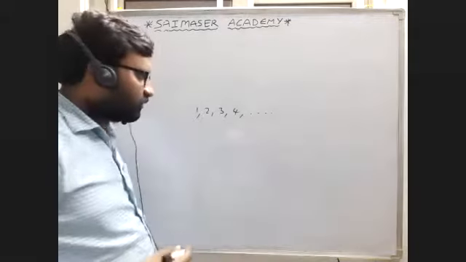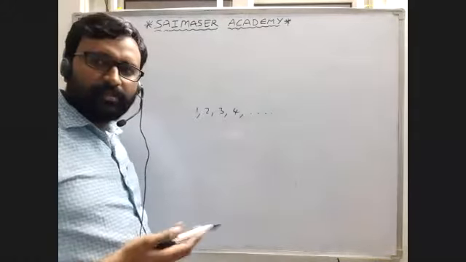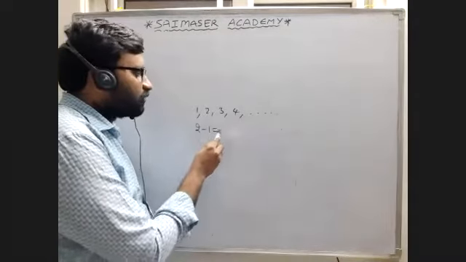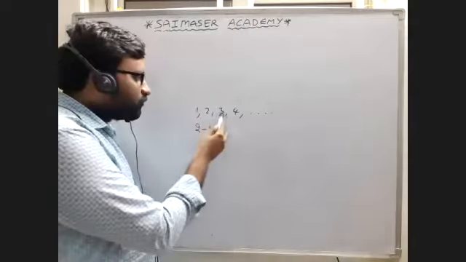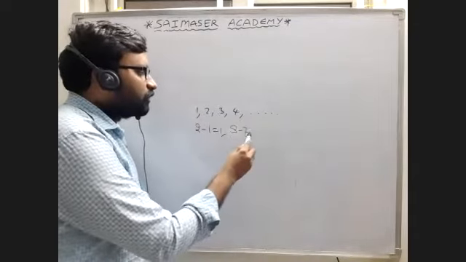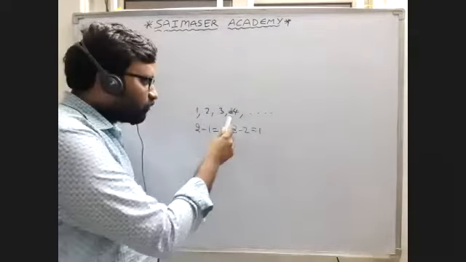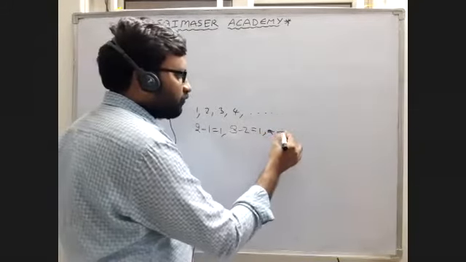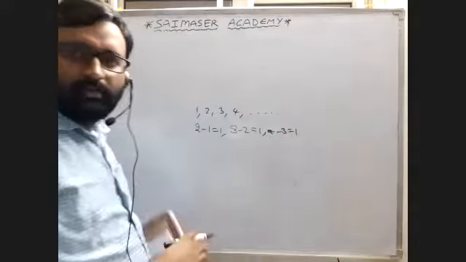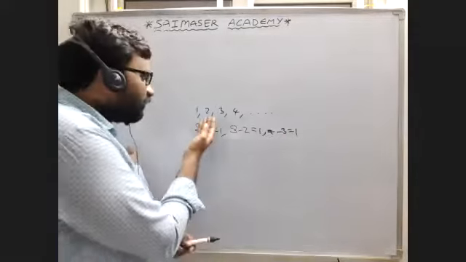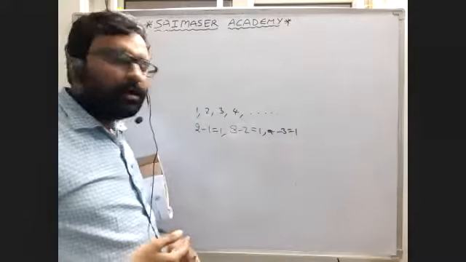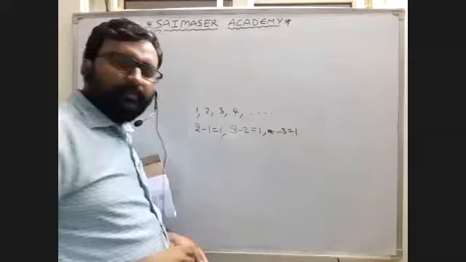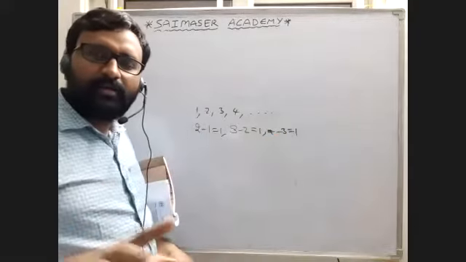How can we say this is arithmetic progression? 2 minus 1 is equal to 1. 3 minus 2 is also 1. 4 minus 3 is also 1. So if the common difference of every term with the preceding term is equal, then that progression is clearly an AP.